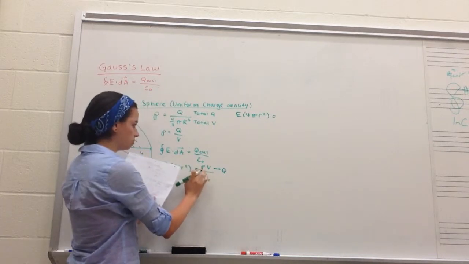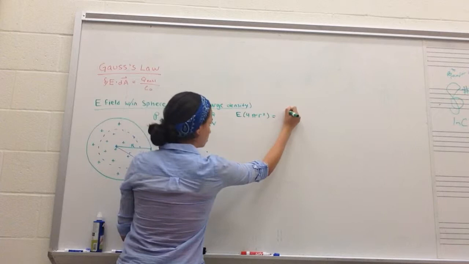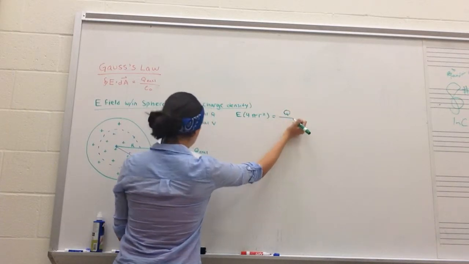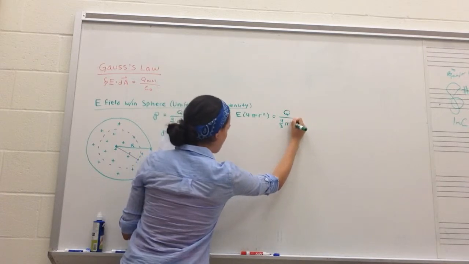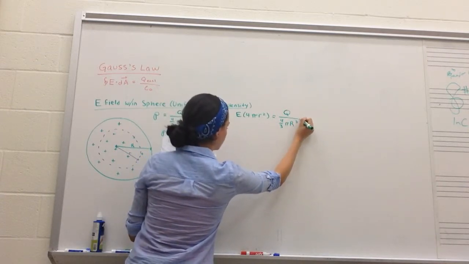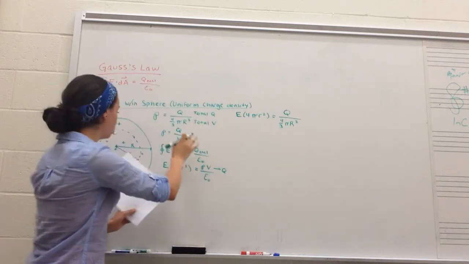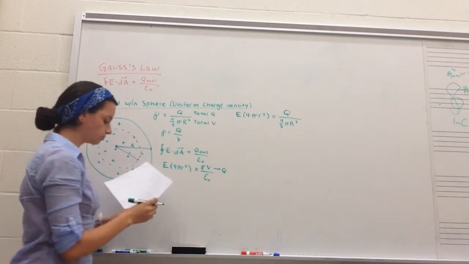So I'm going to rewrite rho just like we determined up here as Q over 4/3 pi big R cubed. So that's rho, total enclosed charge, divided by the total volume.